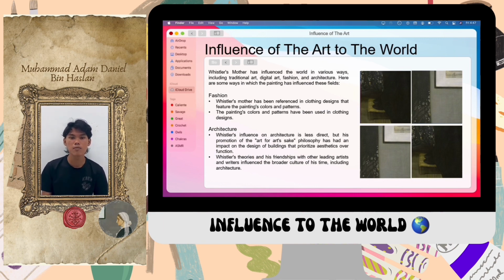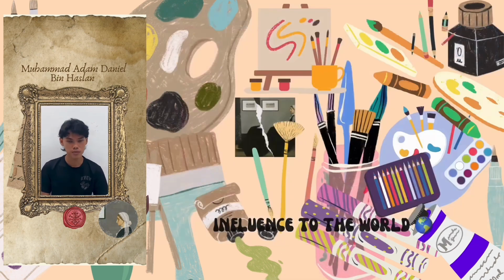And lastly, in terms of architecture, the color palette from the artist, James Abbott McNeill Whistler, has influenced a lot of the colors and the aesthetic of a building rather than functionality, which shows you how much his painting has influenced the world. That's all from me. Thank you.